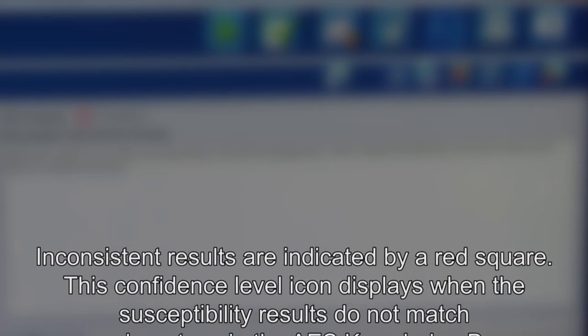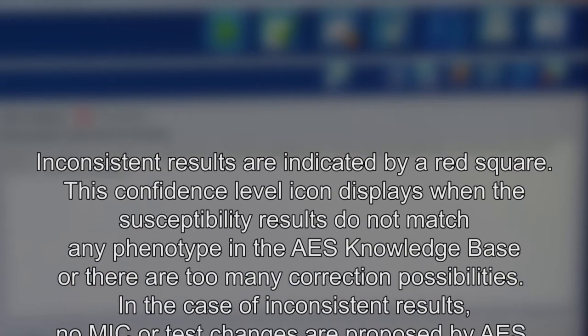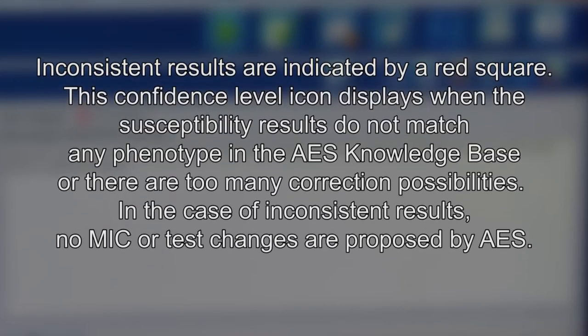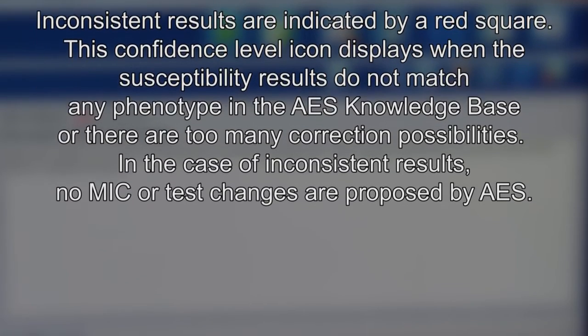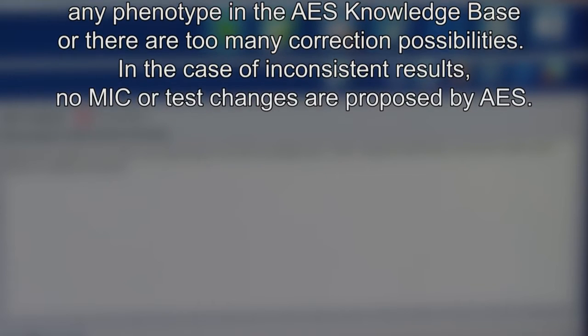Inconsistent results are indicated by a red square. This confidence level icon displays when the susceptibility results do not match any phenotype in the AES knowledge base or there are too many correction possibilities. In the case of inconsistent results, no MIC or test changes are proposed by AES.